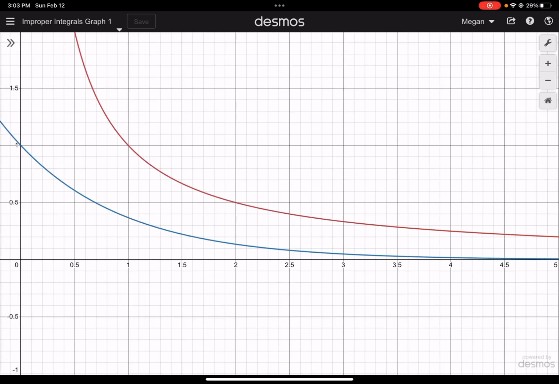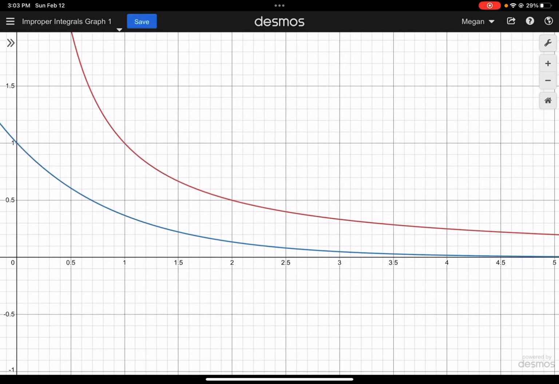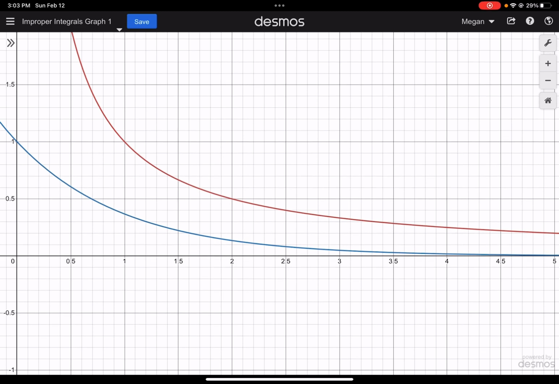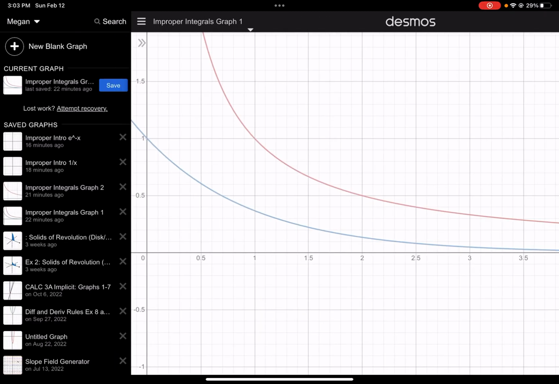If I'm just looking from negative 1 to 2 on the y-axis, these graphs have a very similar shape, but you can tell that one is getting closer to 0 faster than the other one. The blue is getting much closer to 0 than the red is, even though their shape is really similar. So now what happens if I look at a much different window?